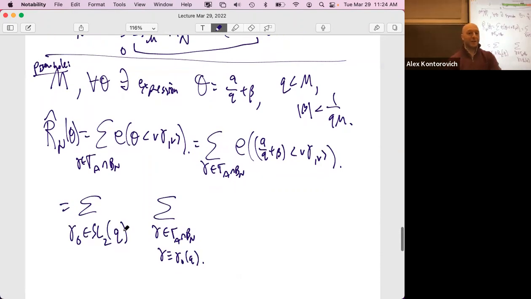As a matrix, this is the matrices in SL2Z, and now I'm restricting to what matrix it was mod Q. This is SL2Z mod QZ, just the finite group. So what are the residue classes mod Q? And then group these by residue classes.